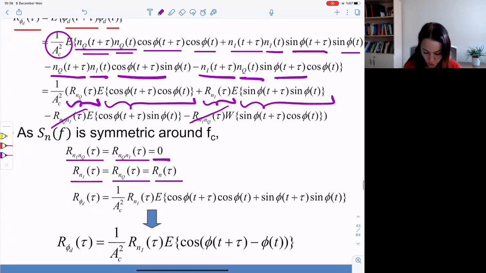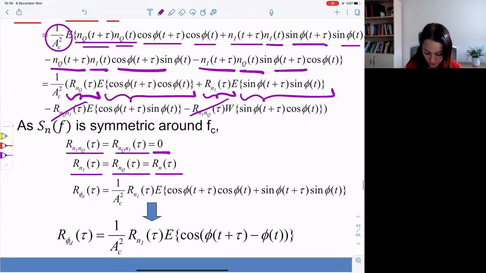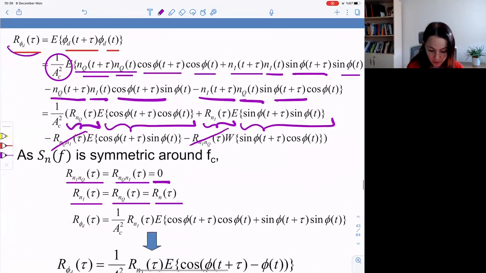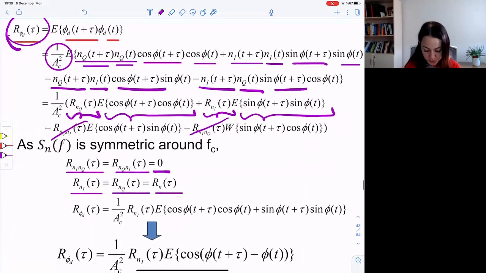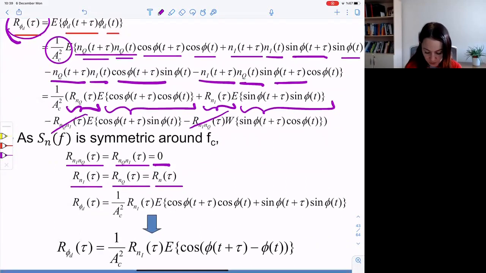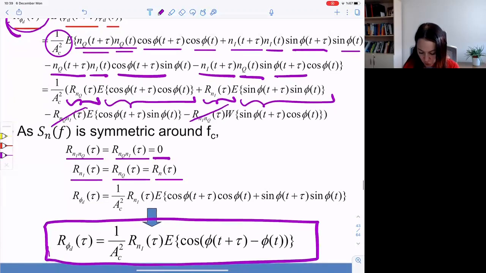Okay, so as a result, when we plug in Rn of tau in place, what do we find? We find that our R phi d of tau, the difference phase noise component, is 1 over Ac squared Rni of tau times the expectation of cosine of phi of t plus tau minus phi of t. Okay.